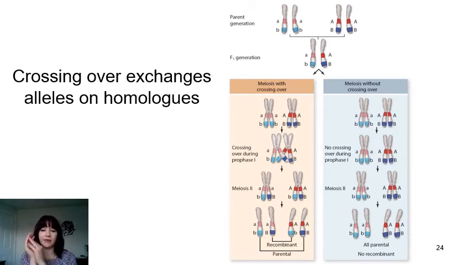Remember when we talked about during meiosis I, the 2 pairs kind of lay on top of each other, and that allows them to be really close together so that parts of them can be switched out. All right. So take some time to look at this figure as well so you really understand what the implications of crossing over are.